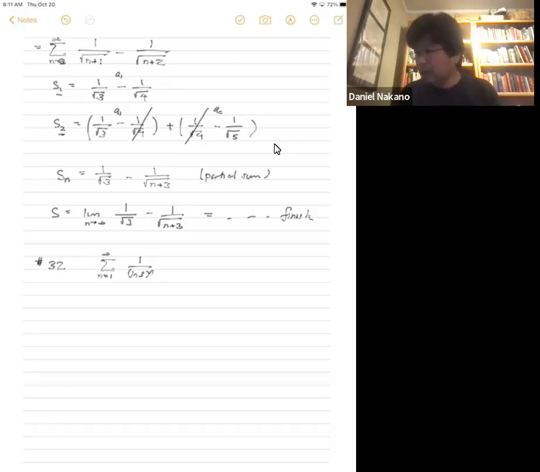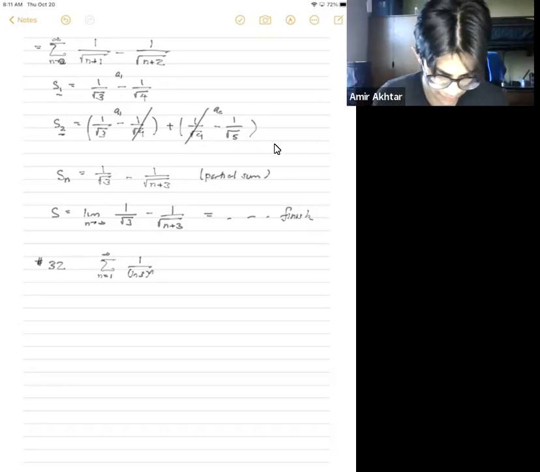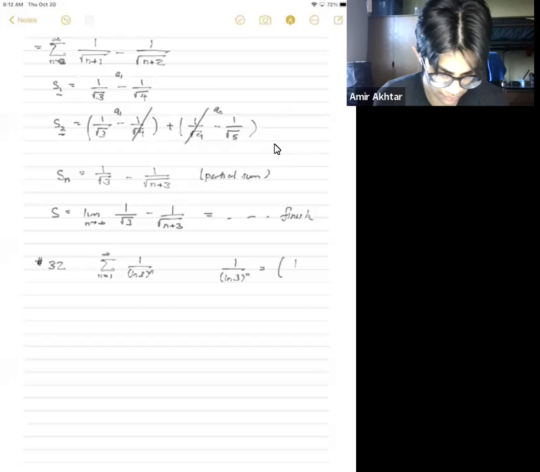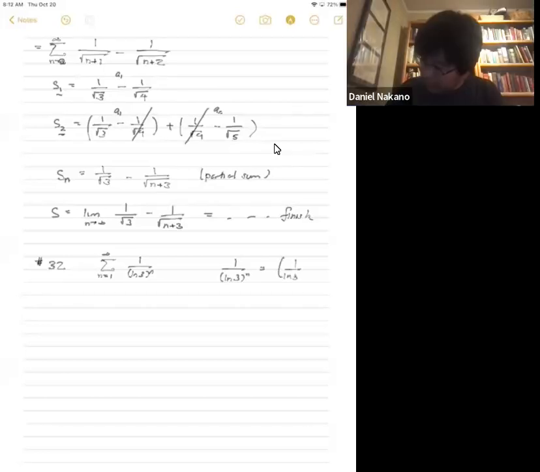If I take 1 over natural log of 3 to the n, that's the same as 1 over natural log of 3, to the nth power. And so I can rewrite this series as a sum.